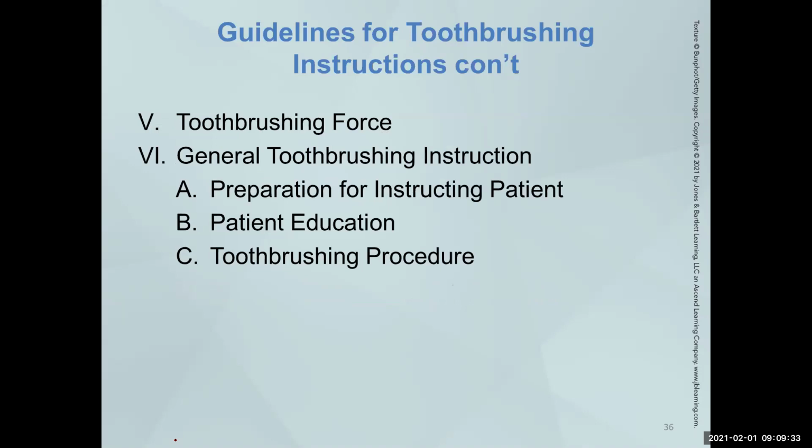Toothbrush form. Your brush should always look like a toothbrush, and some offices will have a toothbrush exchange system. You bring in your toothbrush for your cleaning and I will give you a new toothbrush, because when those bristles are splayed like that, they are being ineffective. You want that brush to always look like a toothbrush.